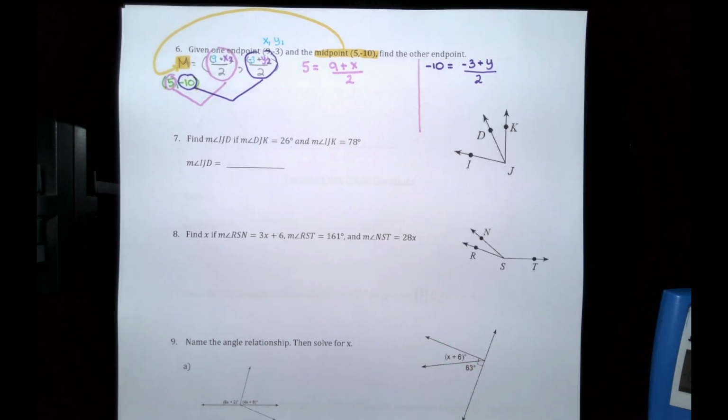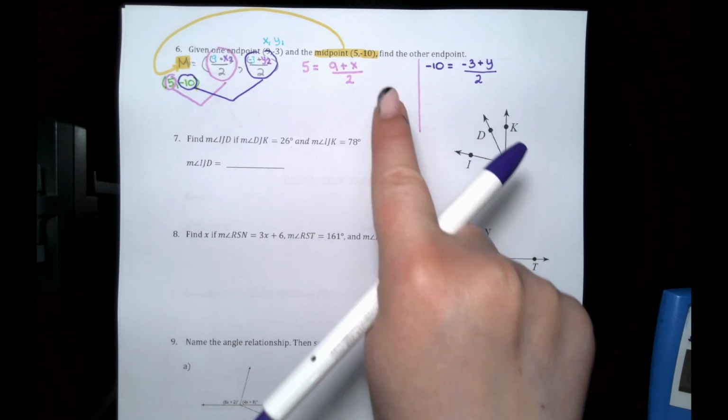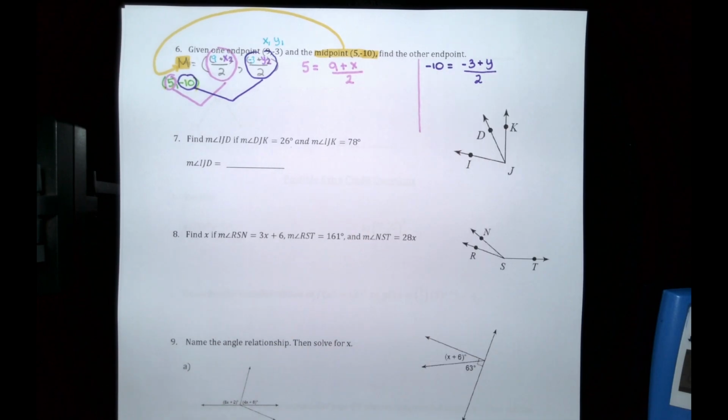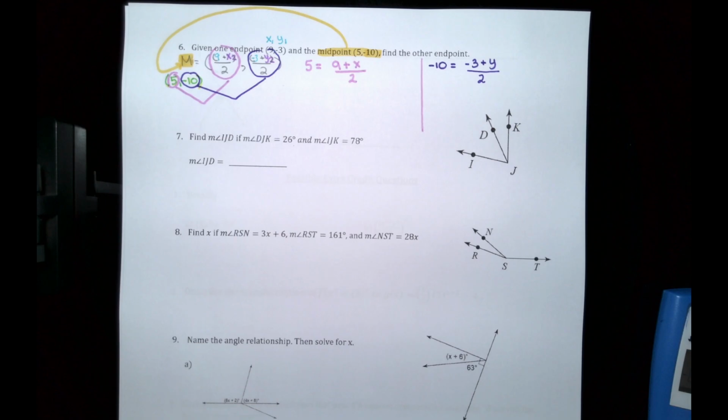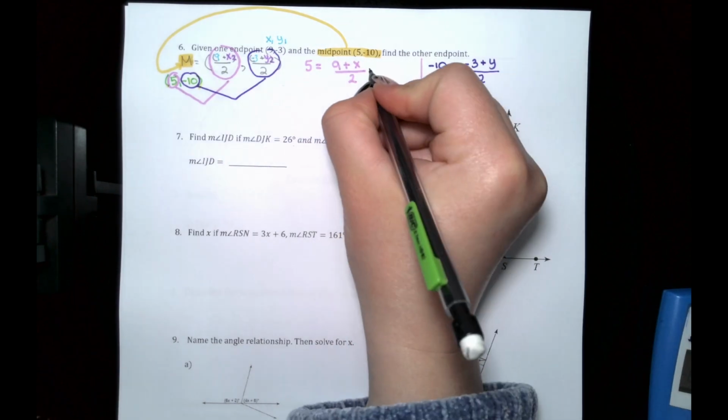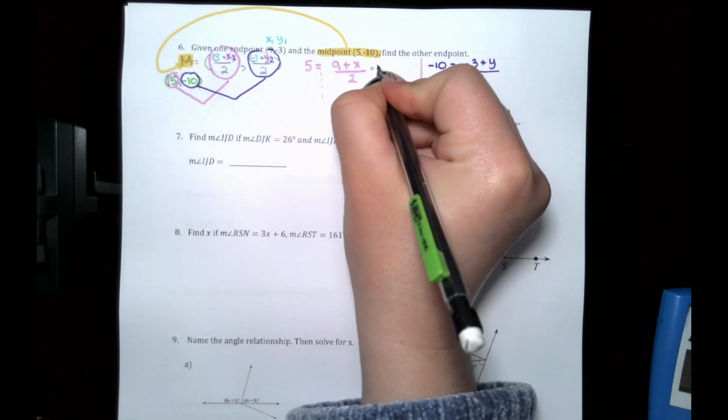Now notice how I wrote these equations. I did not write x2 and I did not write y2. I only put x, I only put y. Second, I do not have parentheses in my numerator. The parentheses went away. And here we're just going to continue and solve for x and solve for y. Starting off, we're going to do a dotted line. We're going to multiply by 2.